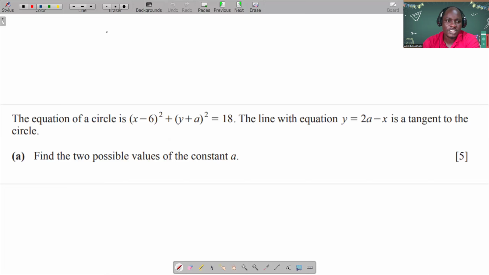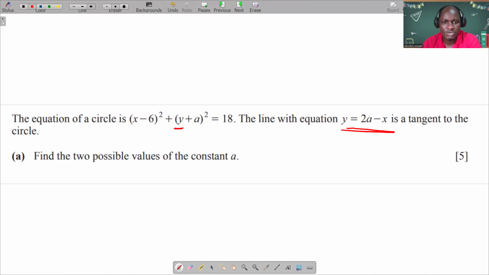Don't forget that when a tangent passes through the circle, at that point of intersection the value of y is the same. So what we are going to do here, since we have our equation of line as y equals 2a minus x, is substitute this value of y into the equation of the circle.